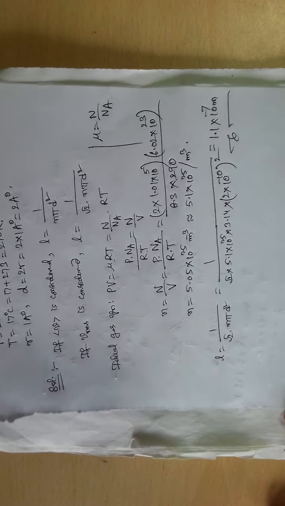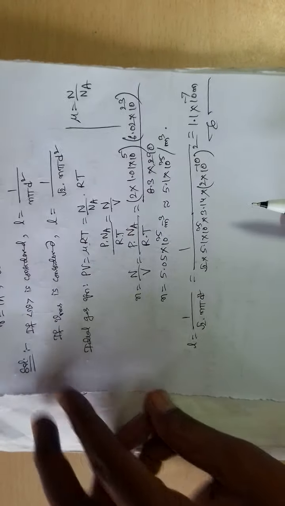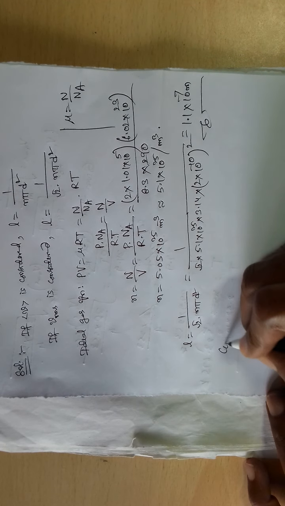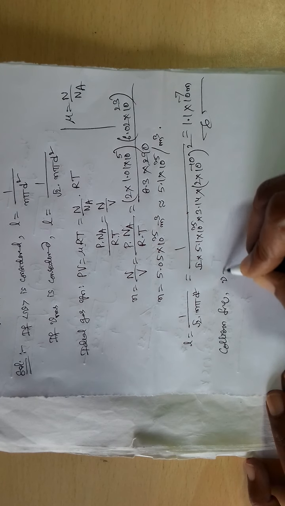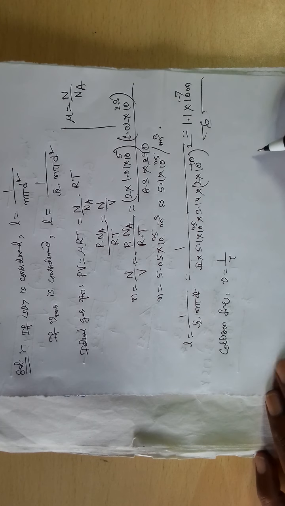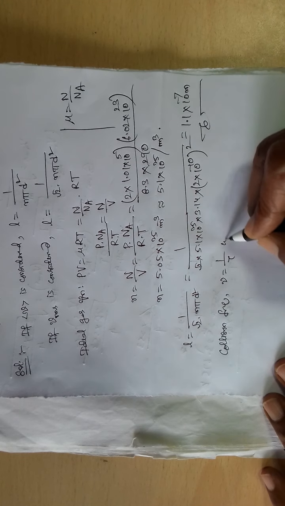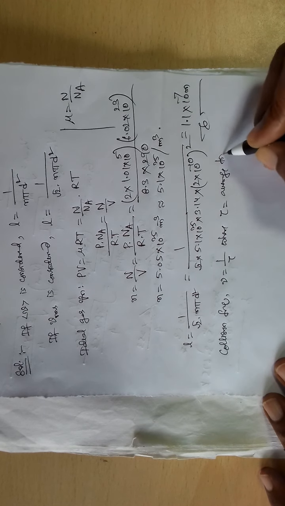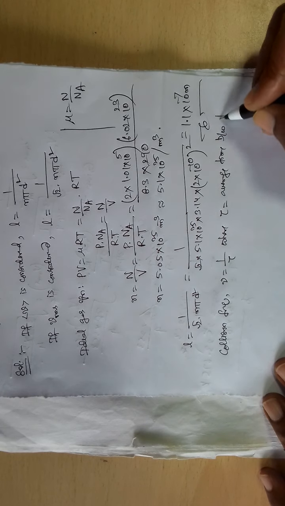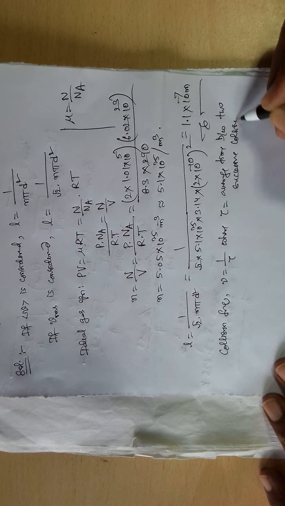Next, what is asked here? Collision frequency is asked. Collision frequency nu is equal to 1 by tau. This tau is mean time, average time between two successive collisions.